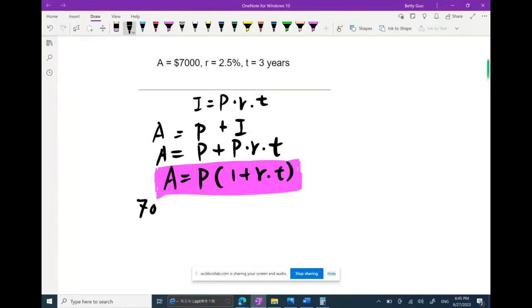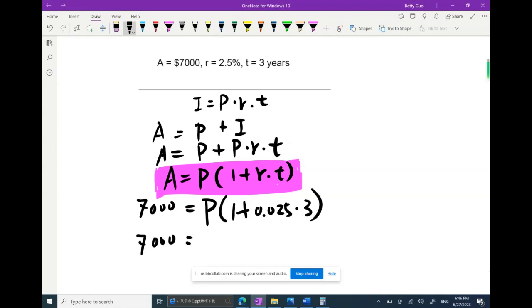I derive that. And now let's plug in whatever values are already given. A is 7,000. P is missing, right? We don't know P. And R is 2.5%, that is 0.025, times T. T is 3. I'm going to simplify the part in the parentheses, multiplication before addition. 0.025 times 3 is 0.075.